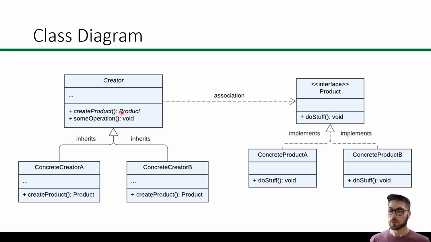Since it's abstract, we need to extend that class and implement the create product method. So we have a concrete creator A, which creates products of concrete product A. And then we have the concrete creator B, also extending from the creator, which creates concrete products of B.